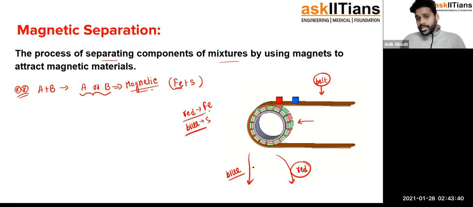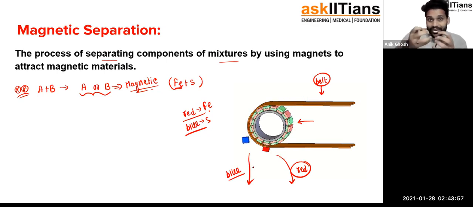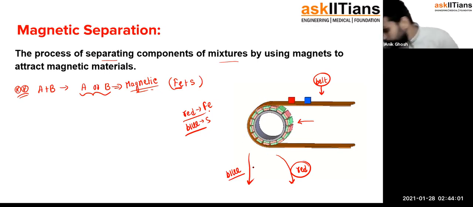Why are they doing that? Actually, red is a magnetic material, so it responds to magnets. When it is going through that roller, the roller being a magnet, it attracts the red particles more.